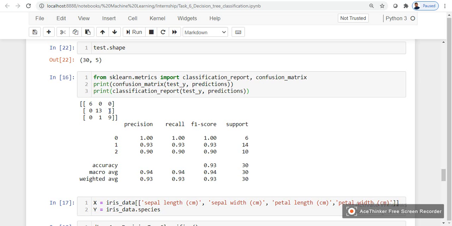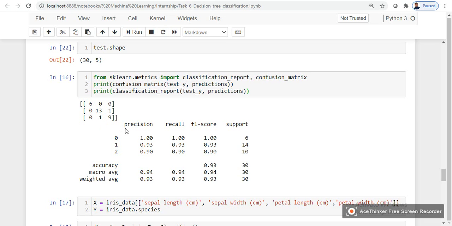And 1 data point originally belongs to class 2, but the model predicted 14 data points belong to class 1. Similarly, 1 data point belongs to class 1 and 9 data points belong to class 2, but the model predicted a total of 10 data points belong to class 2.